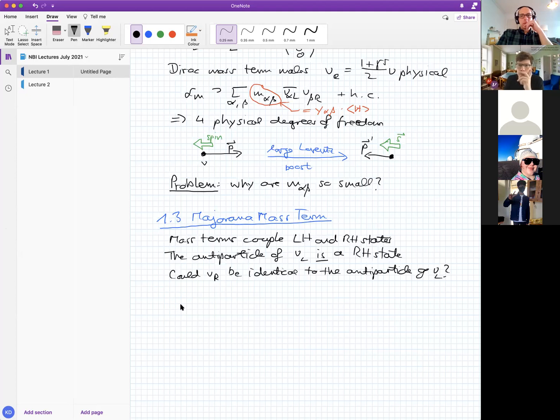Now we need to formalize this. What does it mean, the right-handed particle being the antiparticle of the left-handed particle? For that, we need an operation called charge conjugation. Or more formally, let's introduce the charge conjugation operation.